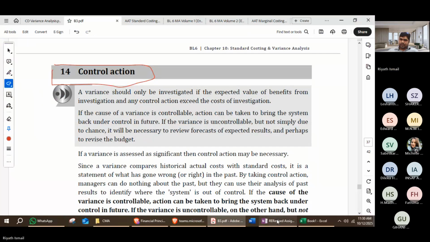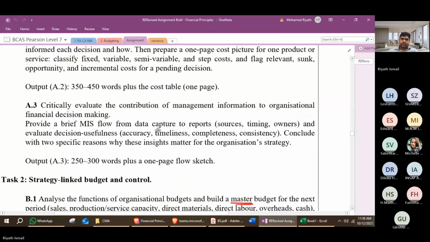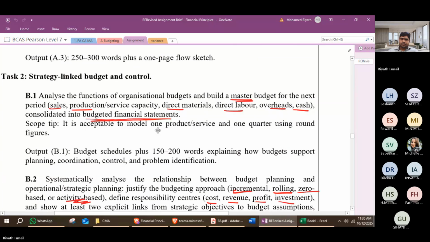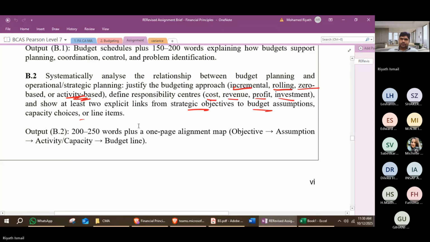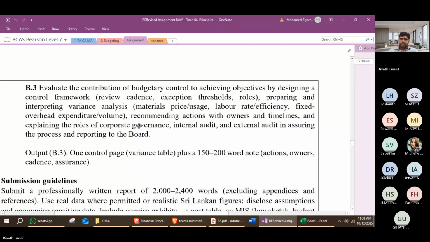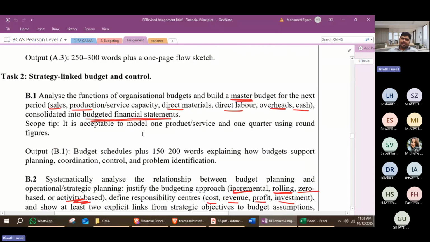The variance. When you write the answer, you don't want to have a strong relationship between B1 and B2.